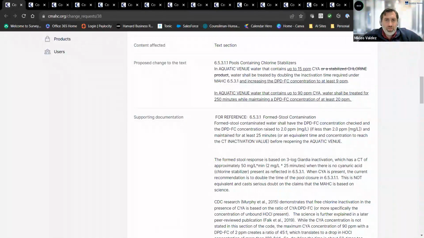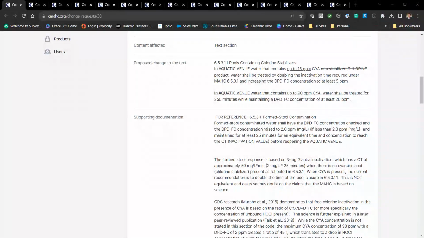I'm not sure when the Falk study was, but I believe 2019. CDC was 2015, is what it says here. No, because I think these sections were rewritten in 2019. Dewey or somebody, do you want to correct me? Because that's when we went through the whole cyanuric acid change. Yep, trying to get off mute.